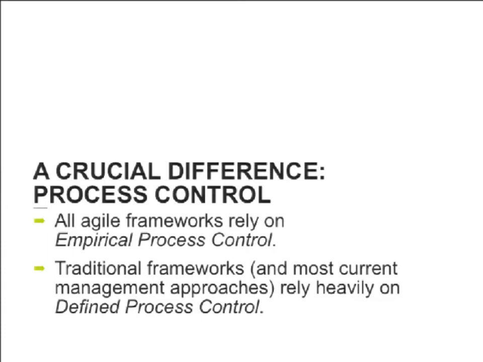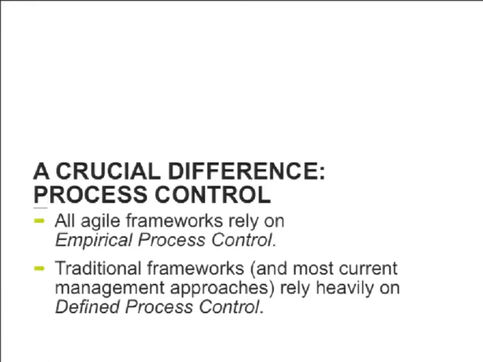All agile frameworks, and there are a few of them, Scrum is just the most popular and the best known one, all of them rely on this thing called empirical process control. And the traditional frameworks, and this is true also not just for software development, but even outside of the software world, management in corporations largely relies on this thing called defined process control.